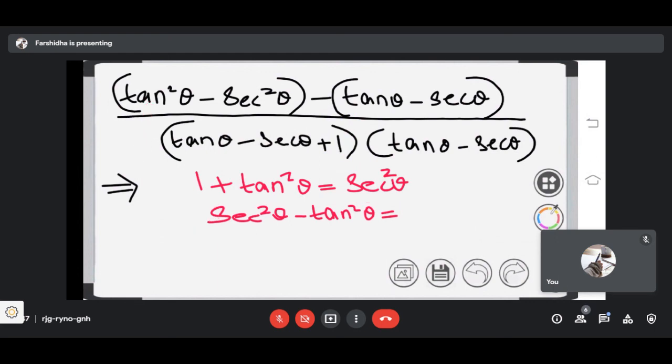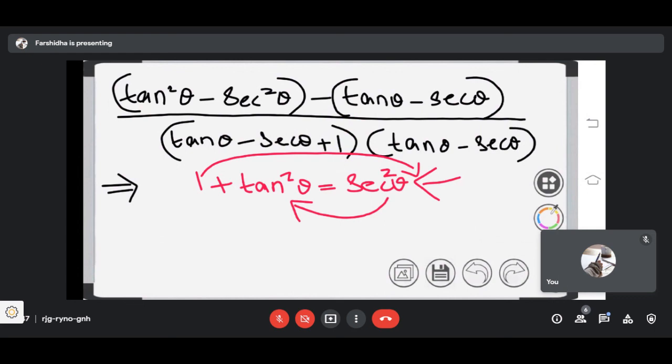I'll show you how. See, this is the identity. So when I take sec square theta to this side and 1 to the other side, listen carefully, I'm taking sec square theta to the left side. When I take sec square theta to this side, plus sec square theta will become minus sec square theta.